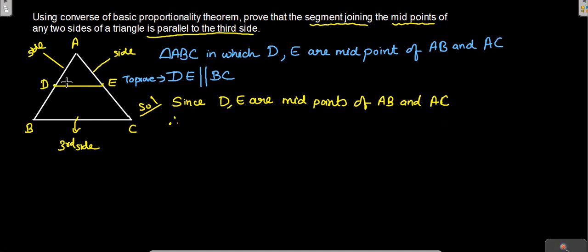Since it is a midpoint, I can say that AD is the same as BD. The length is the same for both. Similarly, on the other side, the length of AE is the same as the length of EC, since E is the midpoint.